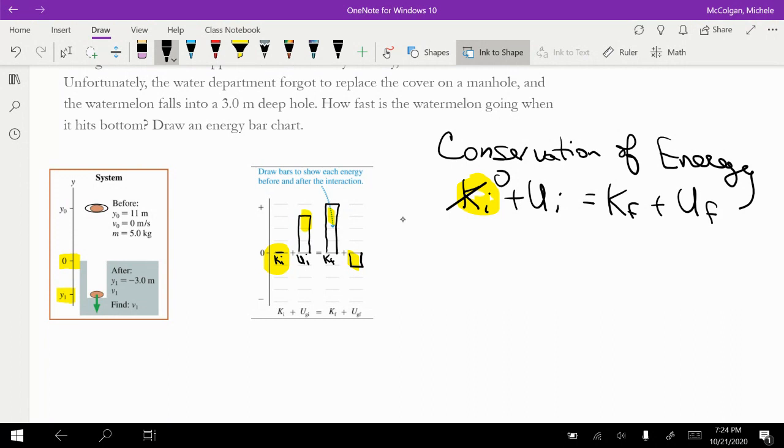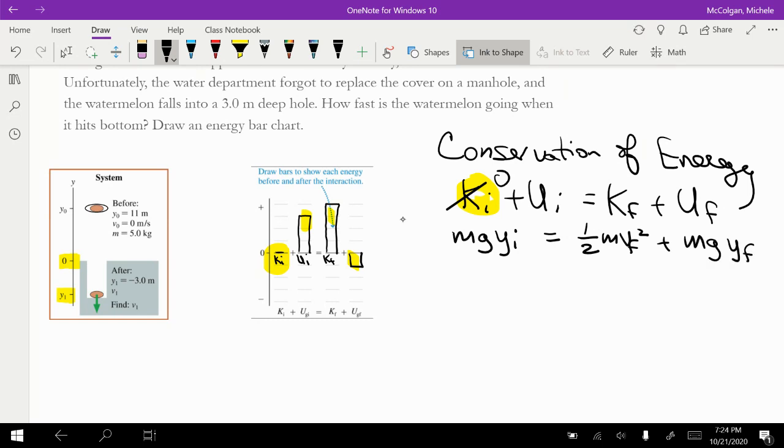And then I have a term for my kinetic energy final, and I have a term for my potential energy final. So I'm going to plug in. So I'm going to have mgy initial for UI is equal to 1/2 mv final squared plus mgy final.